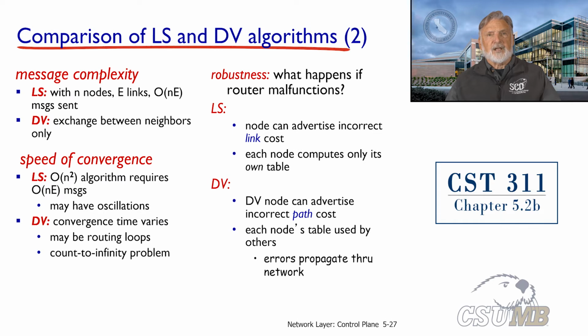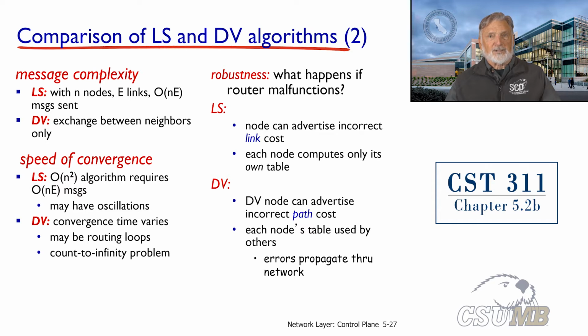Now, link state has a greater message complexity. With n nodes and e links, n times e messages must be sent. With very large networks, this overhead could be overwhelming. Distance vector has a smaller overhead because messages are exchanged between neighbors only. The link state algorithm converges quickly.